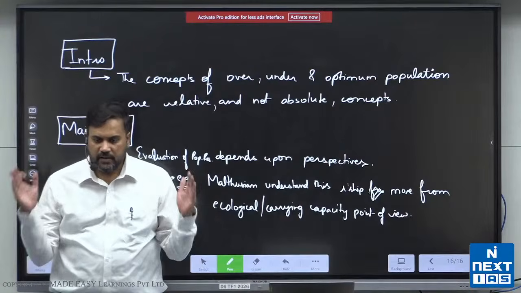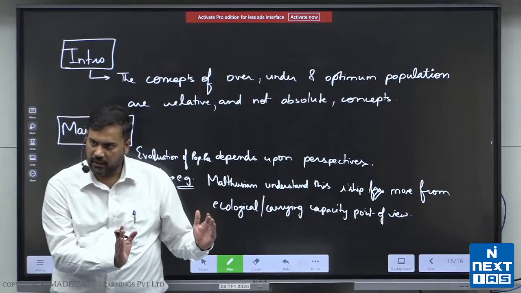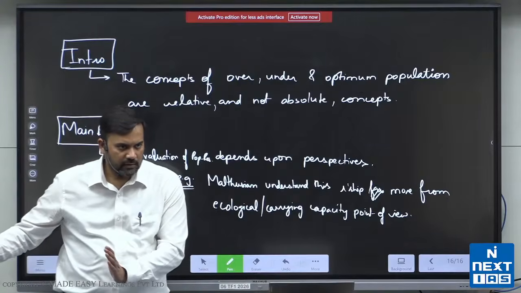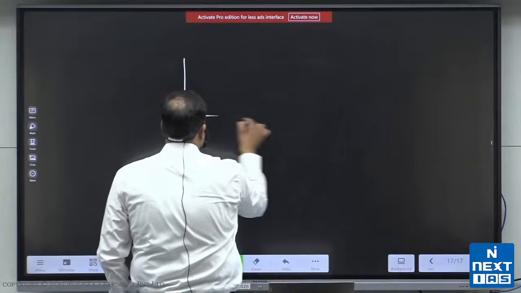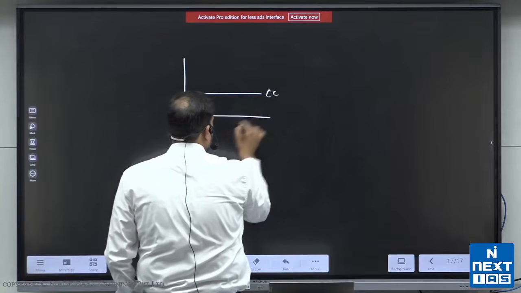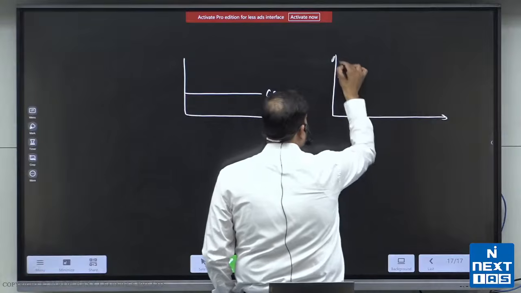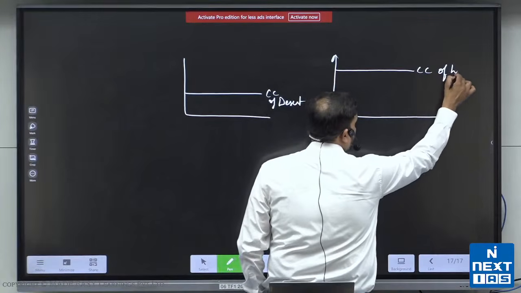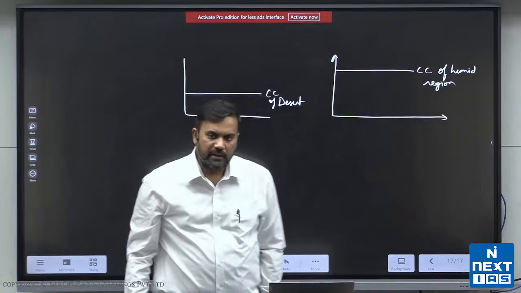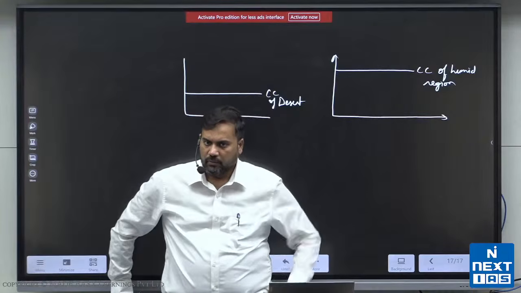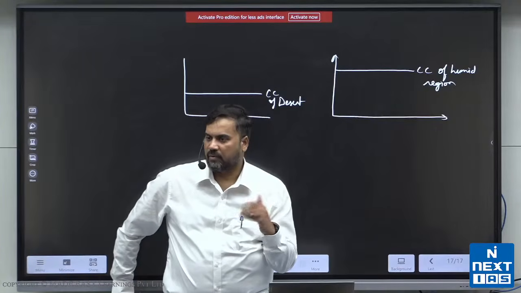For Malthus, space has its own limits. Can I say the limit of a desert will be different, the limit of fertile land will be different? Yes or no? So tell me, can we say this is the carrying capacity of a desert? Can we say that this will be the carrying capacity of a humid region, the carrying capacity of a humid fertile region will be more? So how does he understand things, how does he understand limits? He understands from the perspective of ecology.